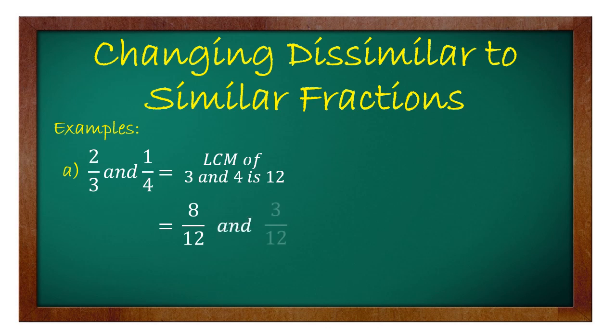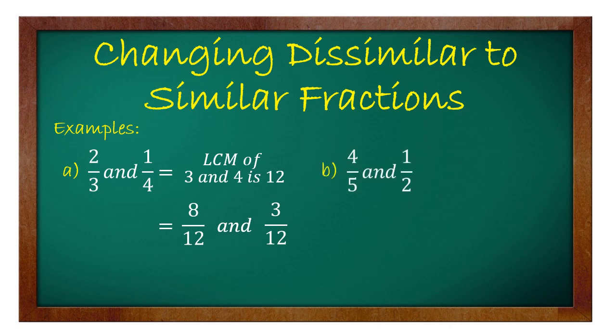Same thing with the other fraction. 12 divided by 4 is 3, times 1, that is 3. Kaya, yung dissimilar natin na 2/3 and 1/4, naging 8 over 12 and 3 over 12. So, parehas na siya ng denominator.